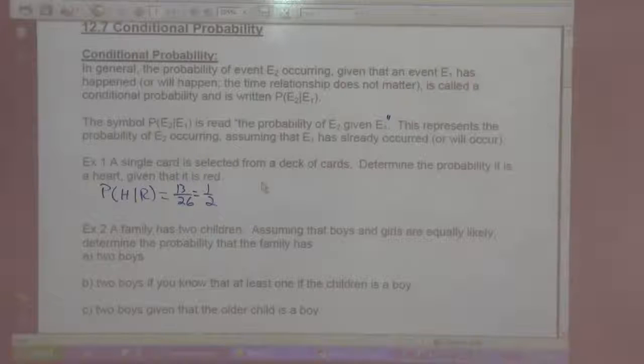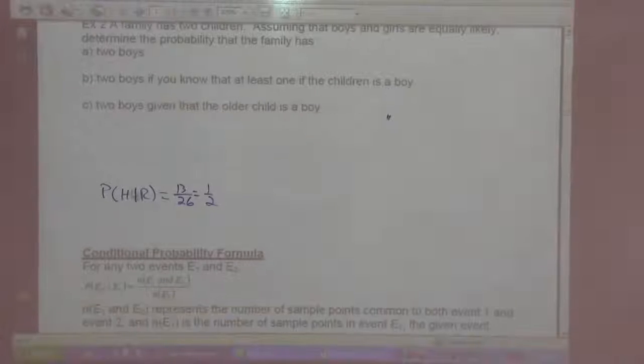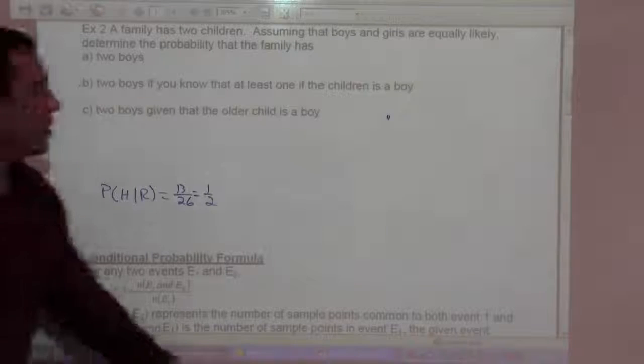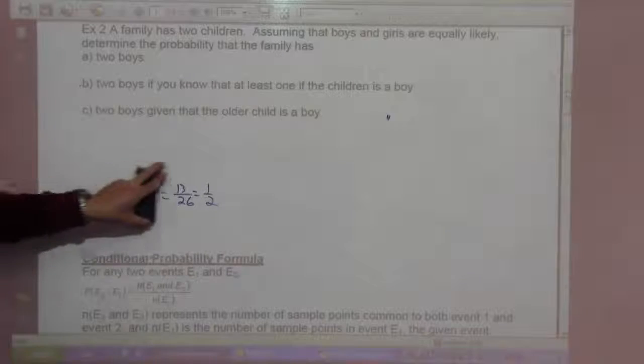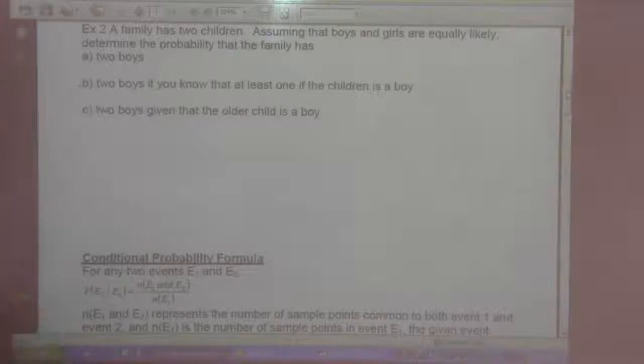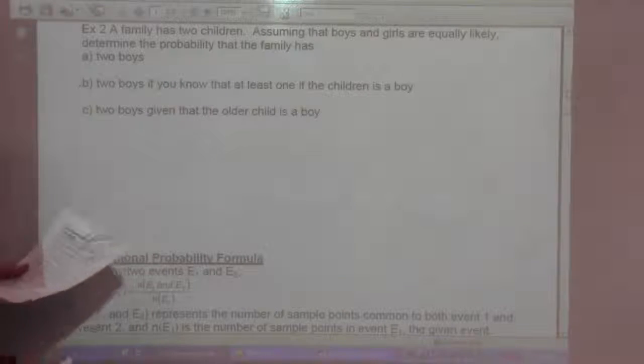I'm going to scroll this up so I can do all of example 2. So feel free to pause that. A family has 2 children, assuming that boys and girls are equally likely, 1/2 each probability. Determine the probability the family has 2 boys.